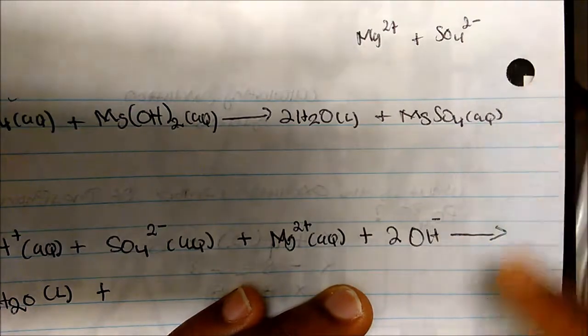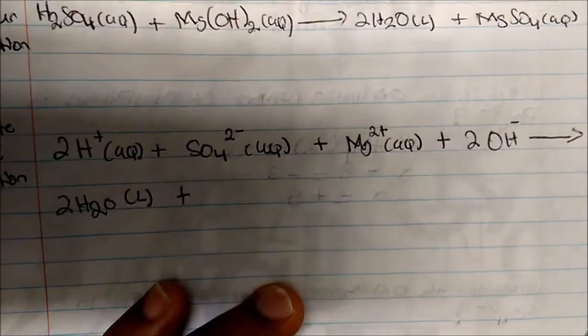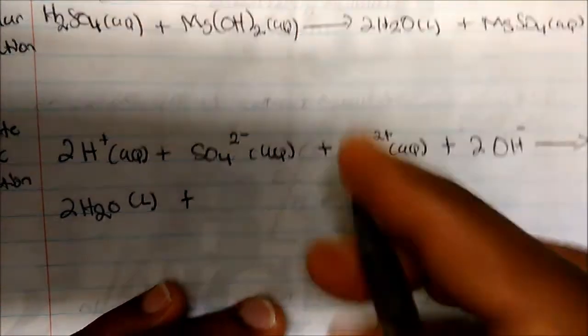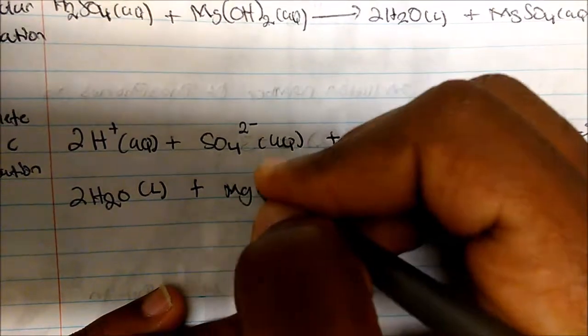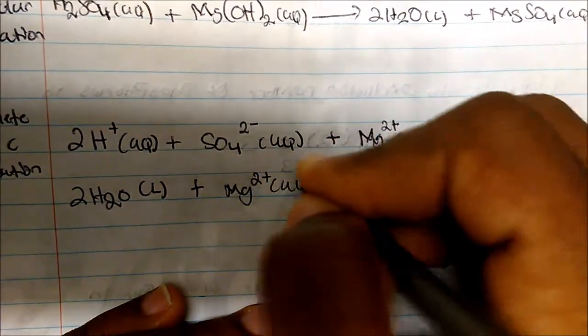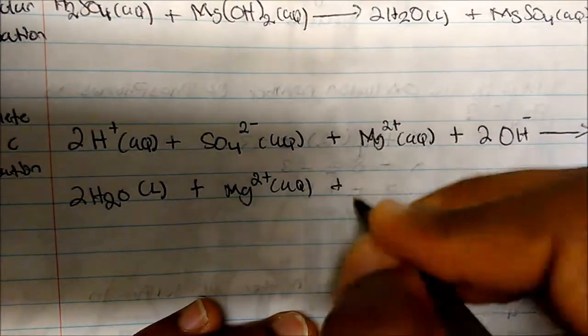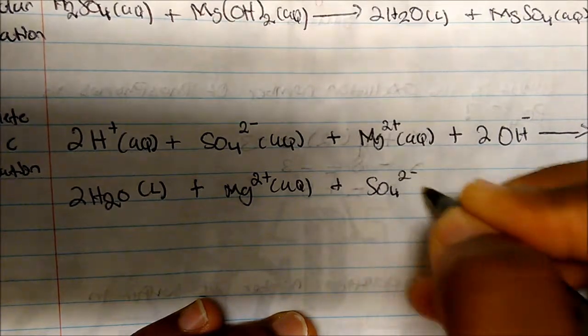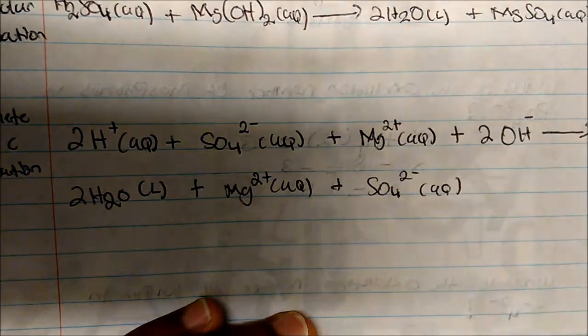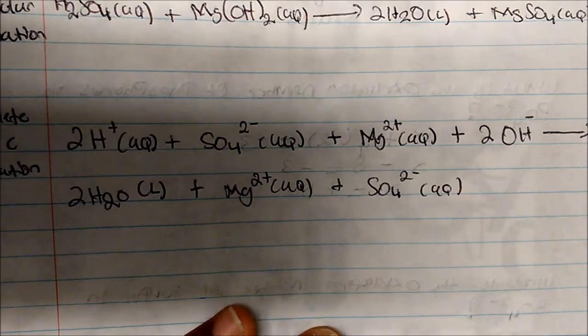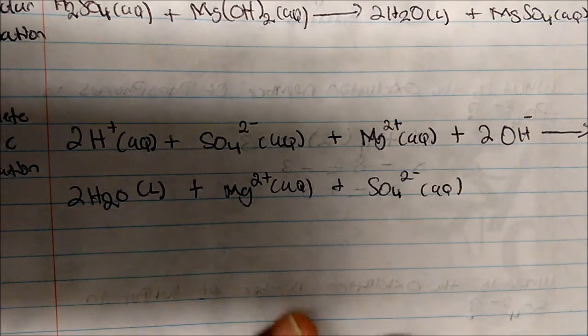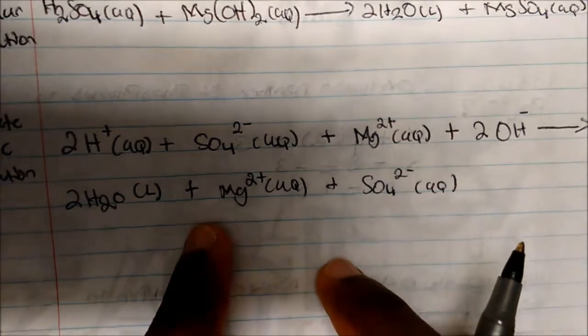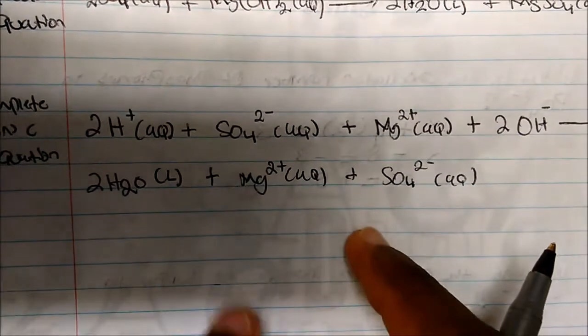So that's why we need to know the charges on our polyatomic ions. In this case, I will have magnesium 2 plus aqueous plus SO4 2 minus aqueous, and this will be the complete ionic equation for this reaction.